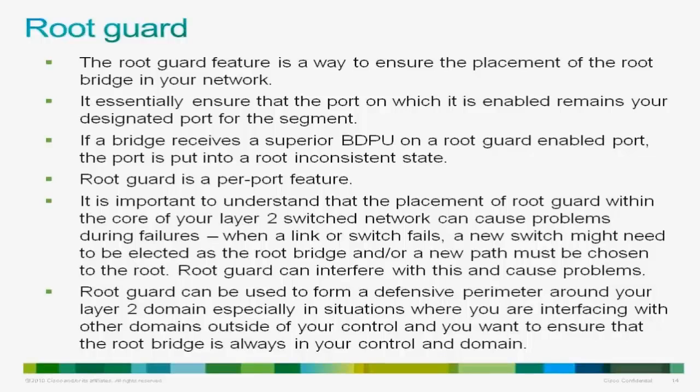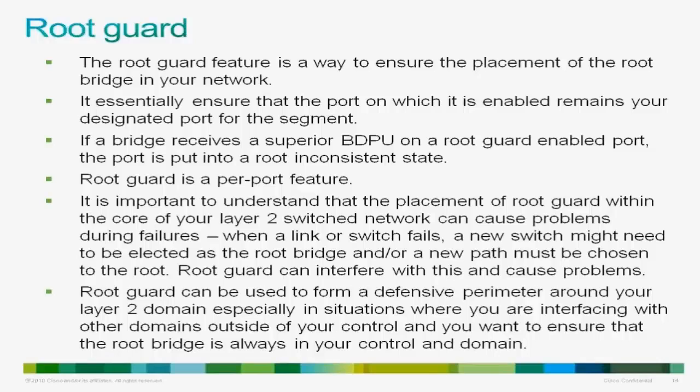So in that situation, you should have a very well-tested working scenario where you know how your placement of root guard can affect things. And a very common way to use this is when you're interfacing with other customers, and you basically want to make sure that the root bridge is in your domain, and your customer cannot dictate or change how the root bridge placement is there in your topology.